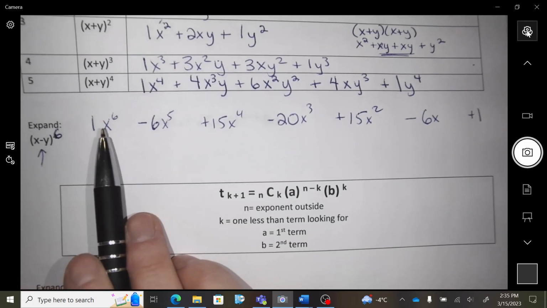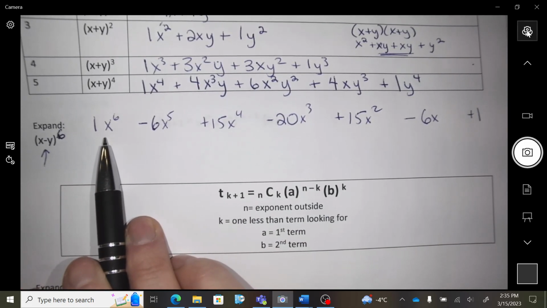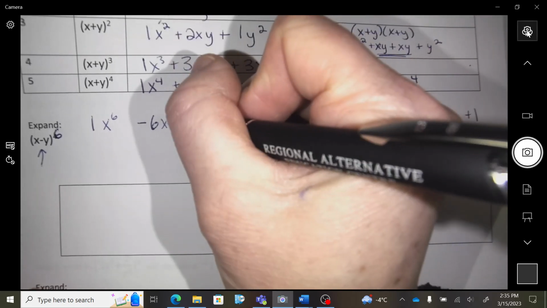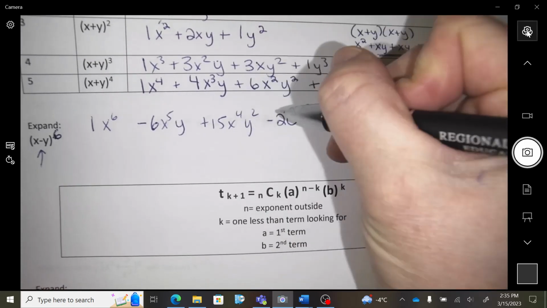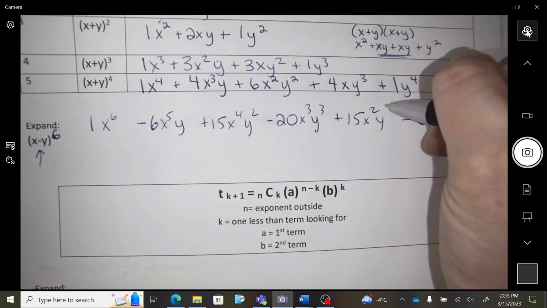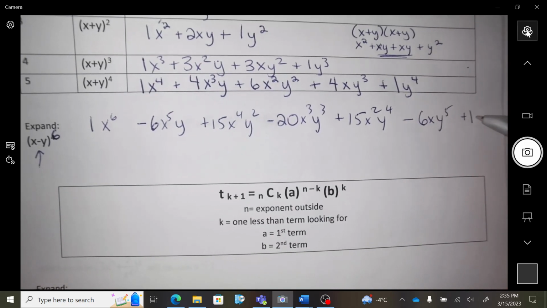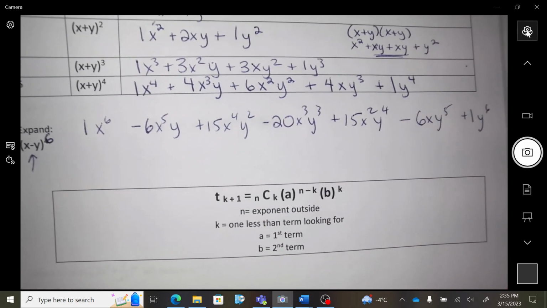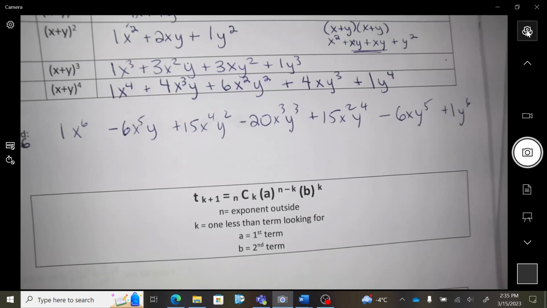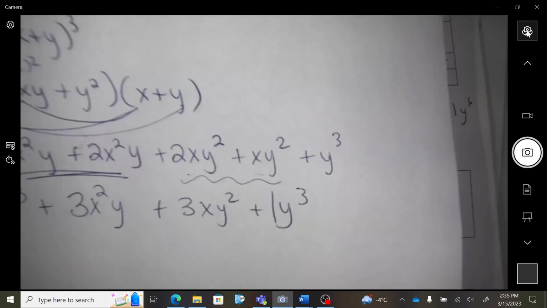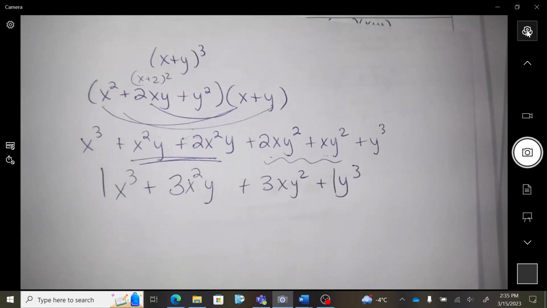So the first term has no y, and then a y squared, a y cubed, a y4, a y5, and a y6. Was that a lot faster than doing it by hand 6 times and foiling it all out? That would take an entire page. This was already cubing something, so.